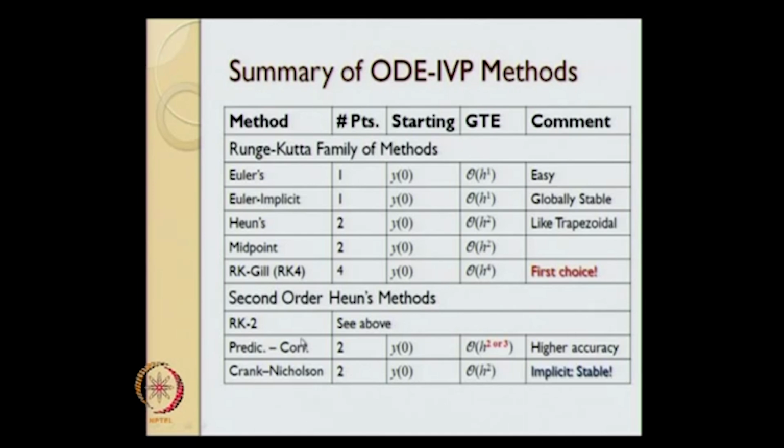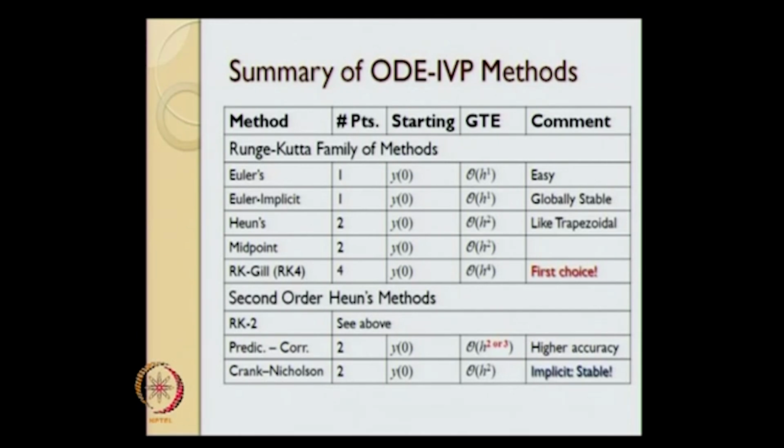Then we talked, just a few slides earlier, about the comparison of the second order methods. The RK2 variant of Heun's method is what we had just discussed. The predictor corrector form of Heun's method can be order h squared accurate or h cubed accurate, I will come to that in a minute, and the Crank-Nicolson method is an implicit method and therefore it is stable and it is h squared accurate.